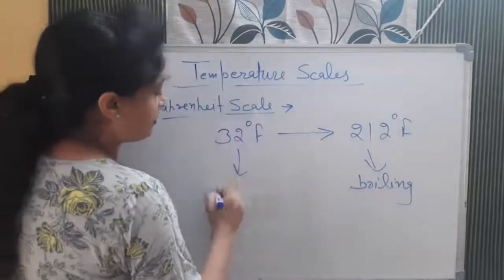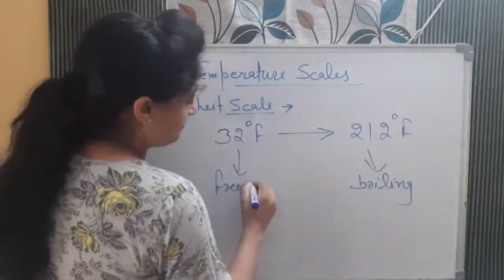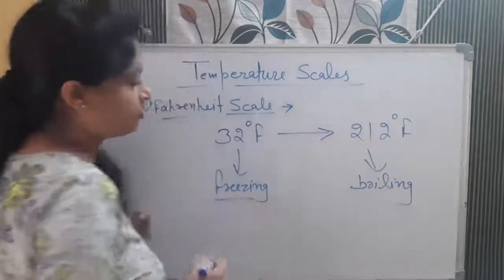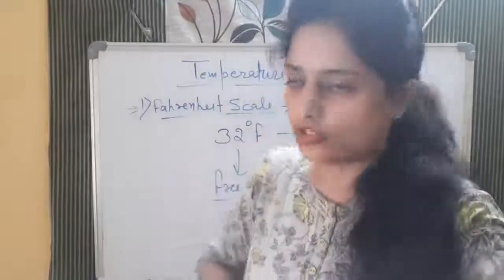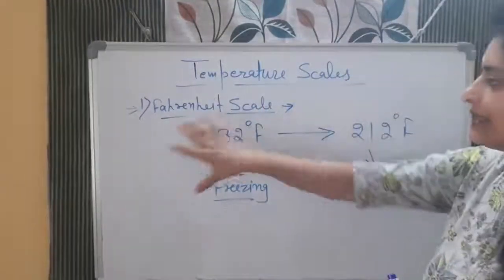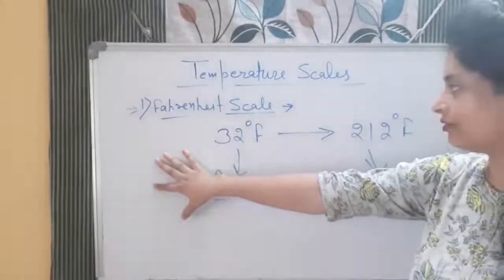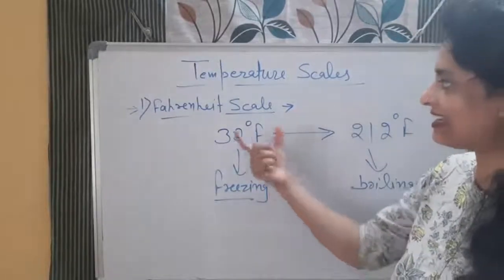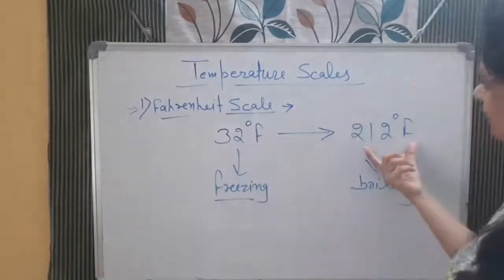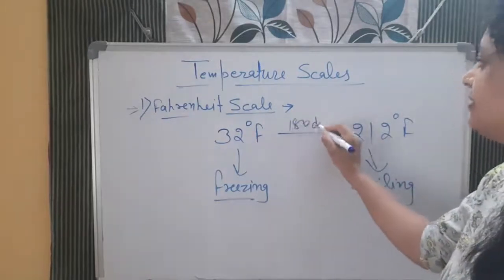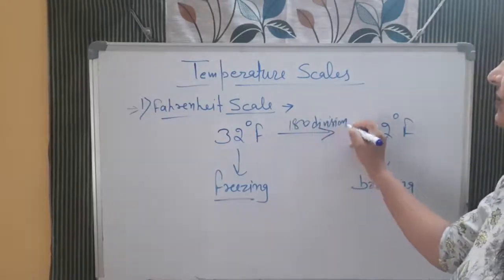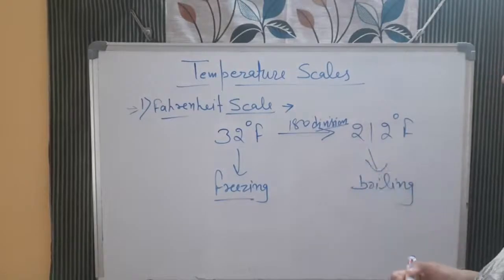The freezing point is where water starts to convert into ice. Below that is also possible, the coldest temperatures are also in this scale, and we can take them in the negative. But mainly the scale is from 32 degrees Fahrenheit to 212 degrees Fahrenheit, and there are 180 divisions in this. This scale is basically used in the United States and nearby countries.